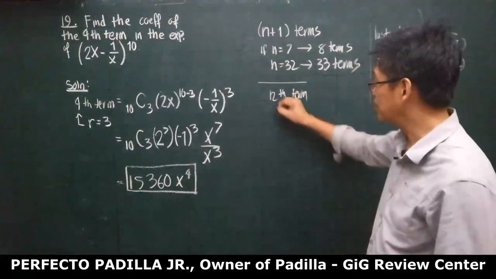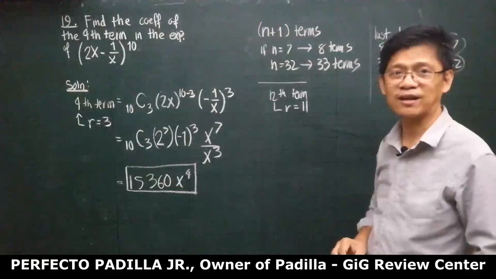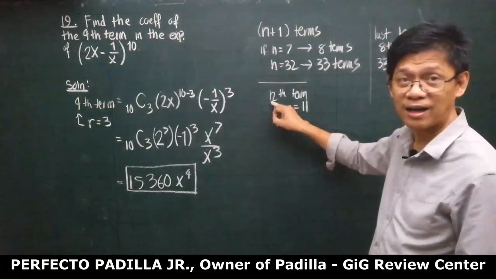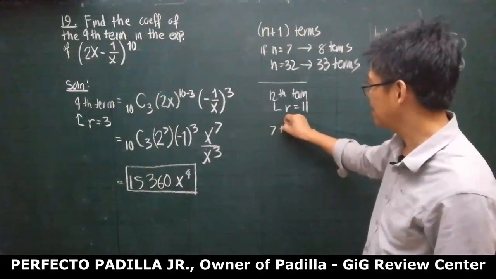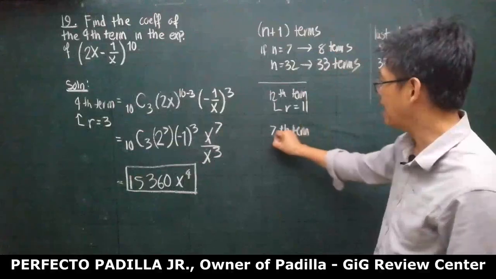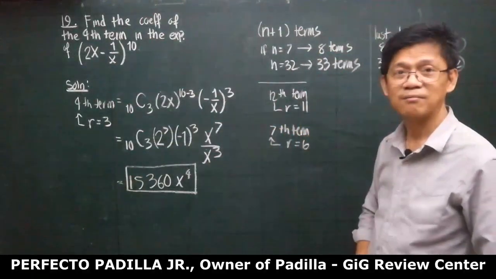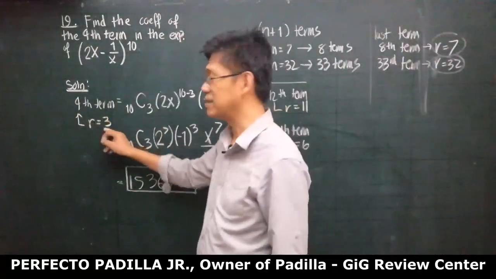Okay. Now, if we are looking for the, let us say, 12th term, ano yung R? For the 12th term, R is 11. Correct? Mas mababa ng isa kasi R plus 1 to. Tama? Kung ang hinahanap mo ay 7th term, R is 6. Correct? Maliwanag. Kung ang hinahanap mo 4th term, R is 3.